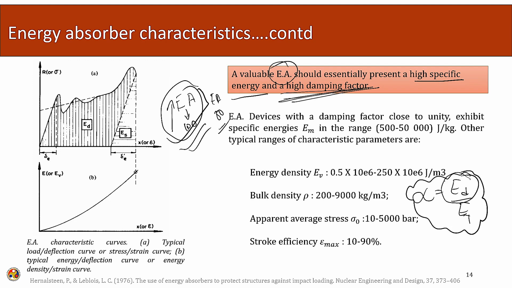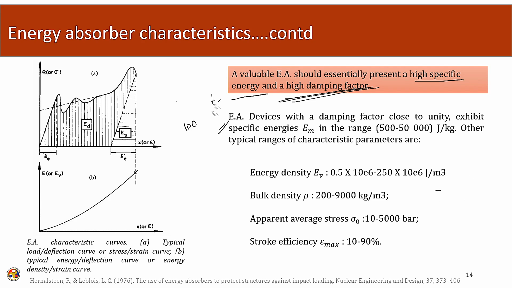So the efficiency of the energy absorber is defined in terms of specific energy as well as the damping factor. Energy absorption devices with a damping factor close to unity exhibit specific energies EM in the range of 50 to 50,000 joules.